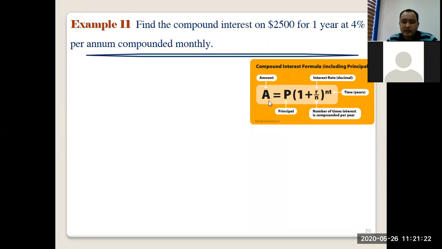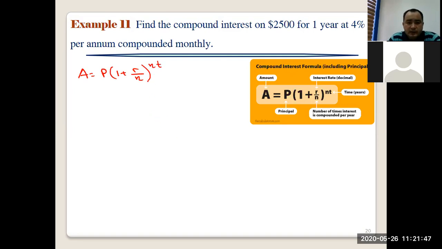What is it? A is equal to P times (1 plus R over N) to the power N times T. Why is it so? Because here A is equal to P, and here we have 1 plus R over N, to the power N times T.